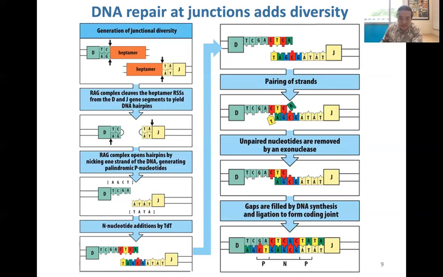You then have enzymes that come in and start randomly adding nucleotides to the ends. Because remember, with this sequence, this TCGA, there's nothing to follow as a template, right? So the addition of additional nucleotides is random. You can see that's what these colored things are, CTCA, and they start randomly adding.